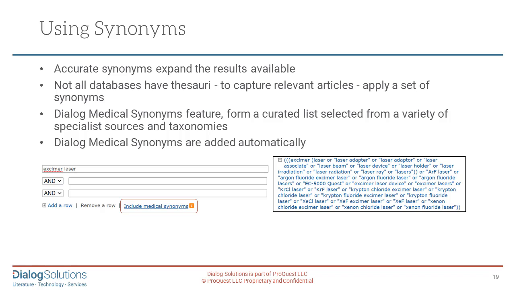And the Dialog medical synonyms come from a curated list selected from a variety of specialist sources and taxonomies, and they're kept up to date. And the medical synonyms are nicely added to your search. So again, no cutting and pasting and less margin for error, human error.